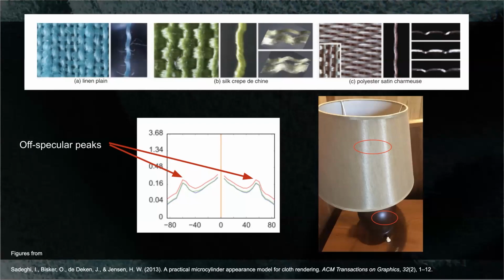But let's take a slightly closer look again at yarns and the weaving pattern. Here I zoomed in even further, and you can really see the individual textile fibers. What you will notice is that the individual textile fibers are actually very, very shiny.